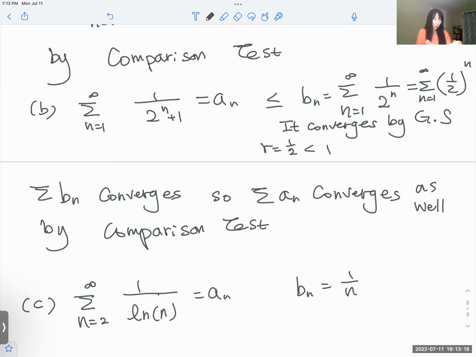Okay, no one calculated? I'm calculating. 1.44. Okay, so what about 1 over 2? 1 over 2 is 0.5, right? So basically 1 over ln n is bigger, isn't it? 1.4427. Yeah, so we're going to set it up this way then. So this is B sub n. This is A sub n, right?